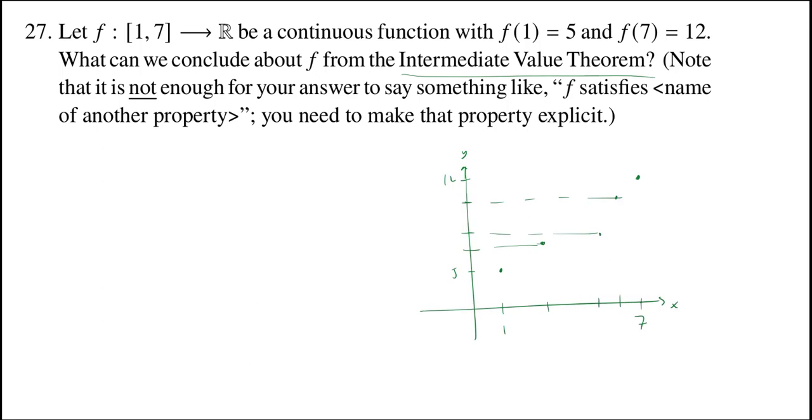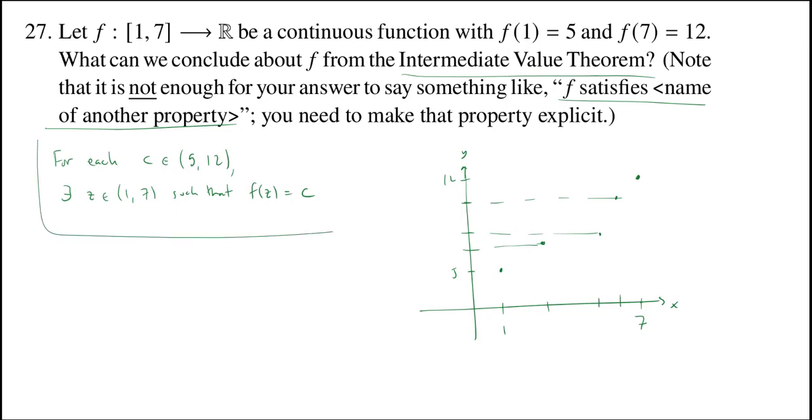So if we want to write this out explicitly, we can say for each c in between 5 and 12, there exists some point z in between 1 and 7 such that f of z is equal to c. This of course is summarized by saying f satisfies the intermediate value property, but that's exactly the sort of thing I told you not to do when you're answering this question. So this is what we're looking for.